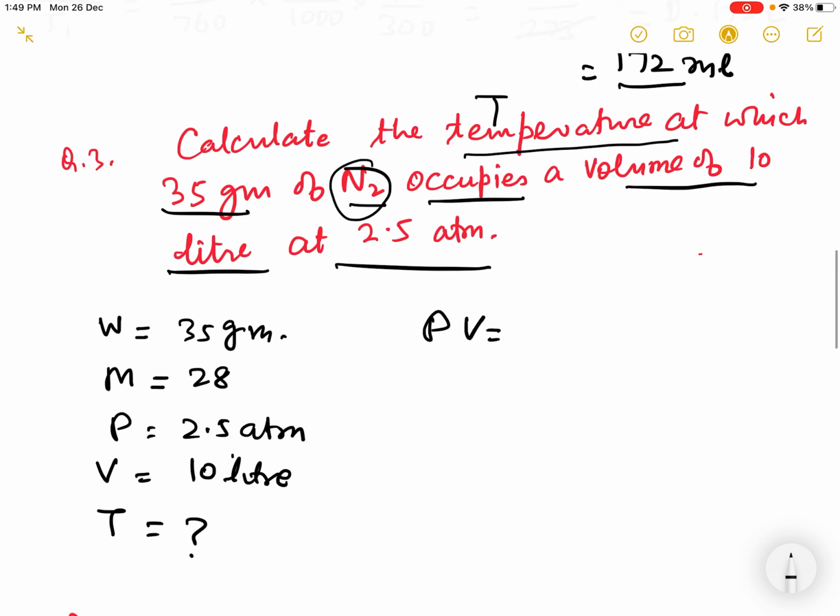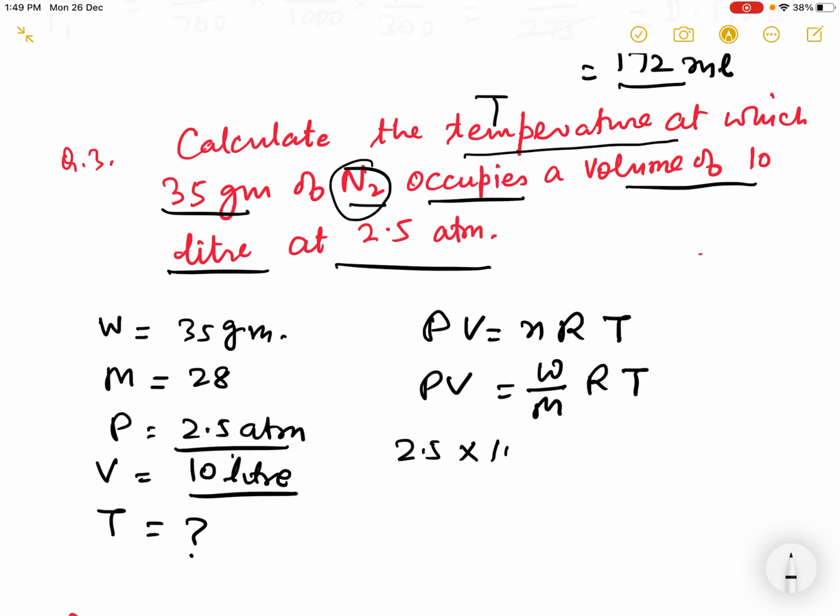See, PV is equal to nRT. PV is equal to W by M RT. P is 2.5, V is 10 liter, W is 35 gram, molar mass 28, R is 0.082 and T is to be calculated.